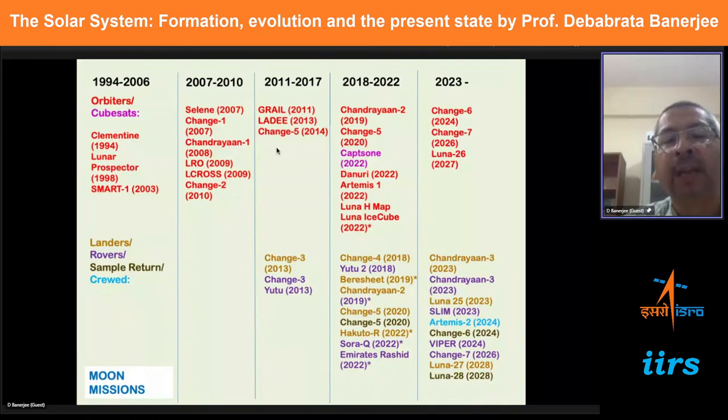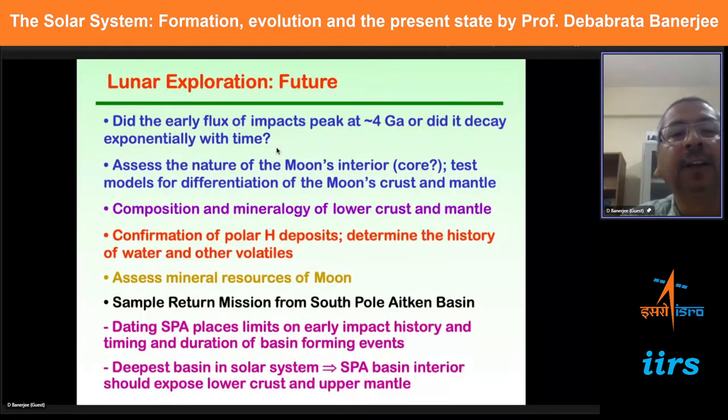Now we wish to look for resources, and understand where the volatiles are, where the resources are, and of course these questions: did the early flux of impacts peak at 4 billion years ago, or did it decay exponentially with time? This is only possible when we have samples returned from the Moon in future, which look at those periods.